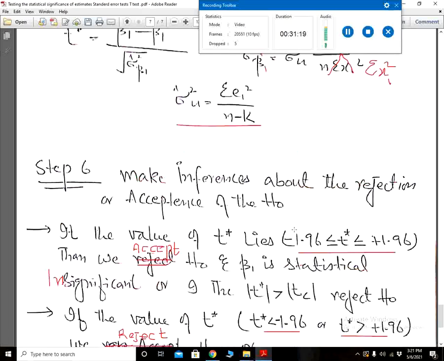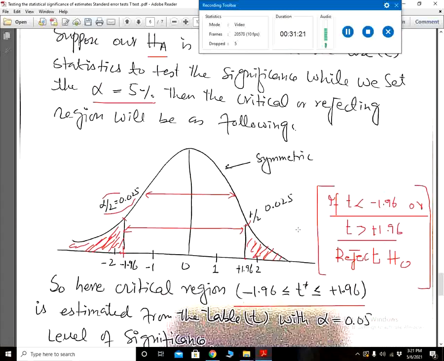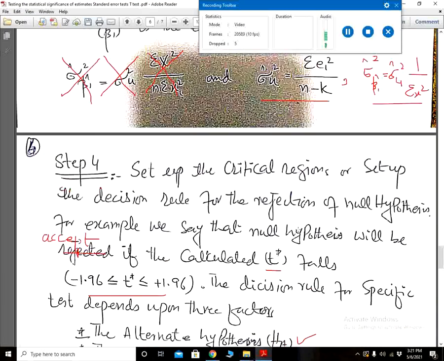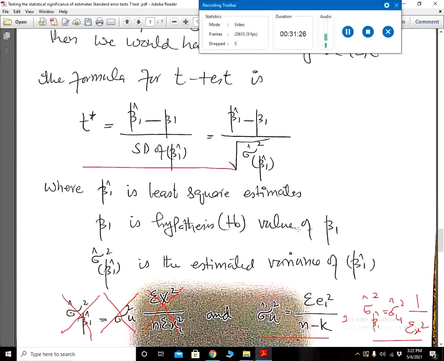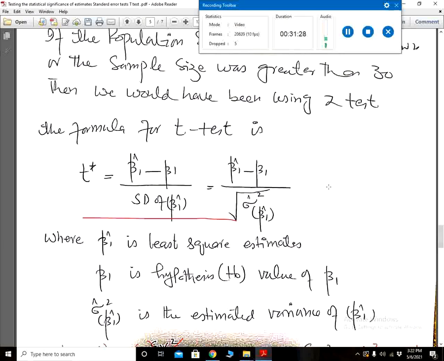Now from the formula we conclude something more about the decision criteria. Look here, we assume that this beta 1 is equal to 0. Now we can put the value of this beta 1 as 0, meaning beta 1 cap divided by the standard error of beta 1 cap.